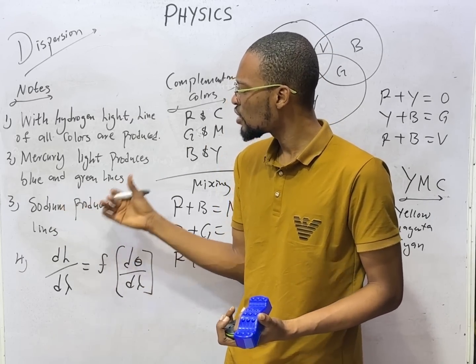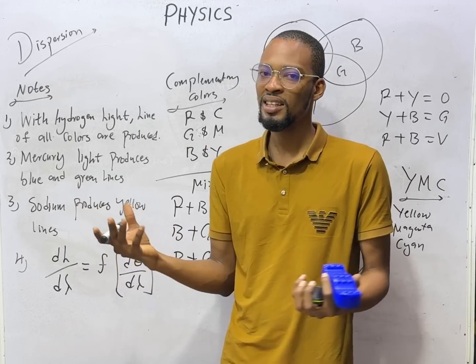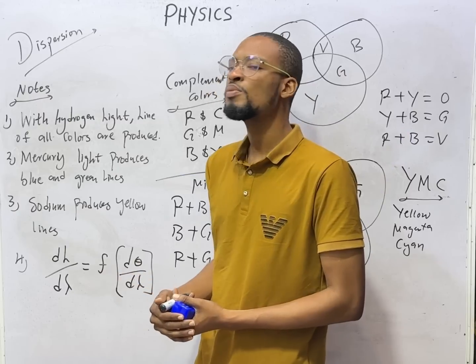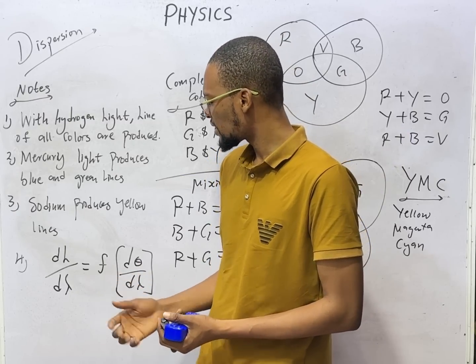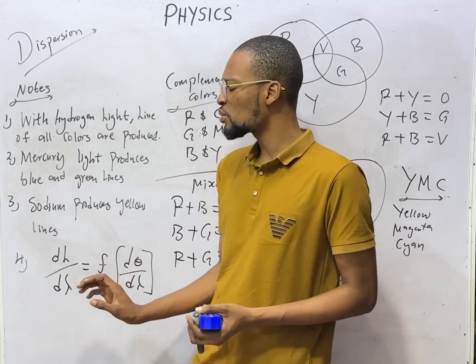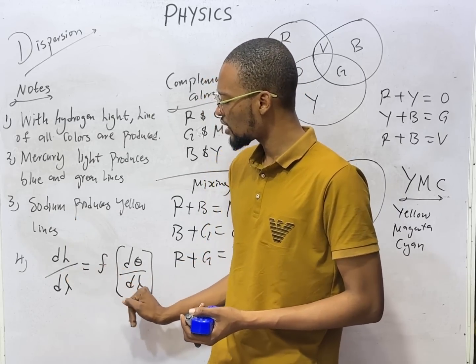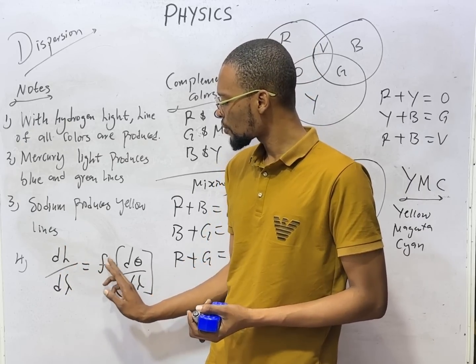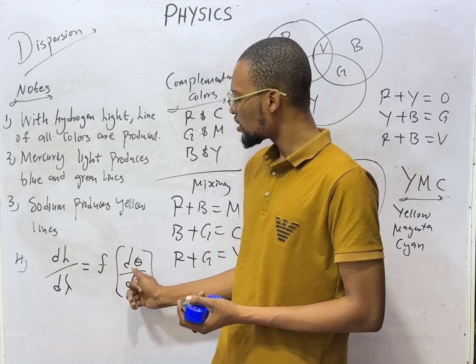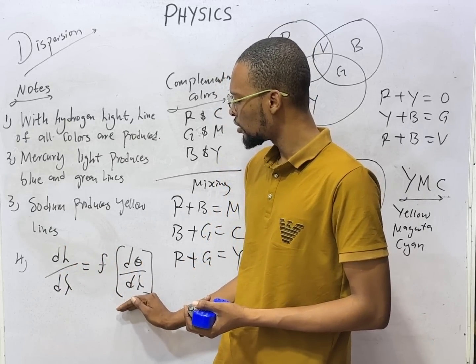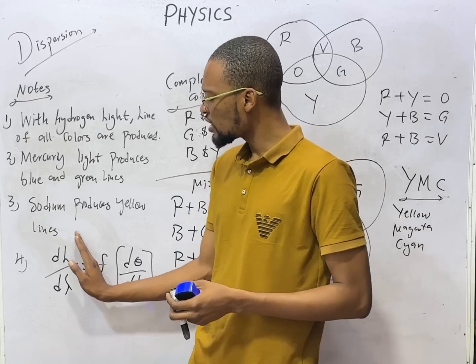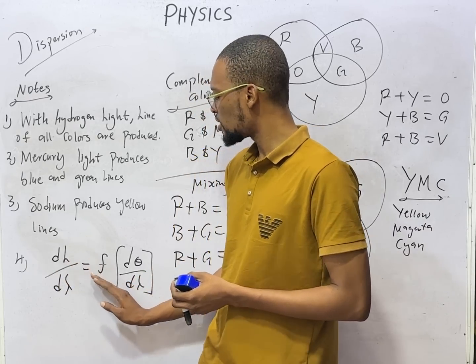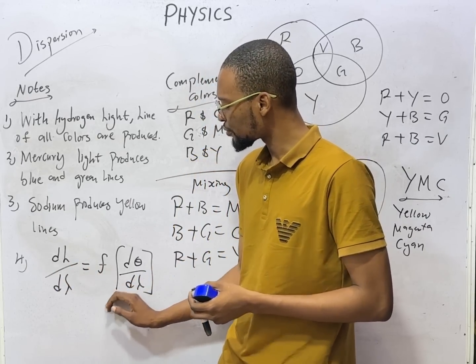The mercury light produces blue and green lines. Sodium produces yellow lines. And when you are looking at the relationship between linear dispersion and angular dispersion, L over lambda equals the frequency over theta over lambda. Sorry, where this is the linear dispersion and this is the angular dispersion.